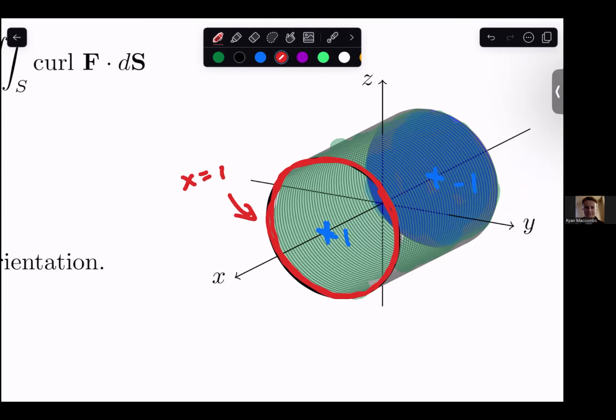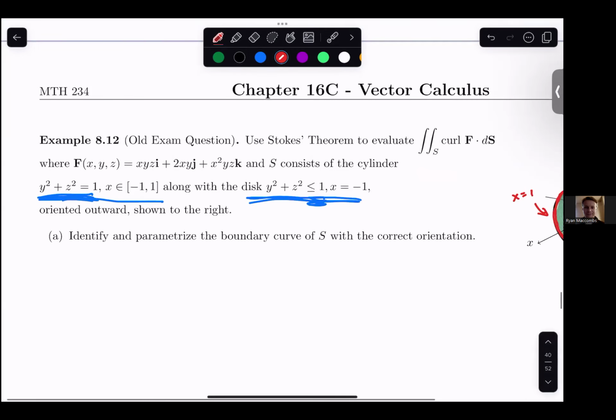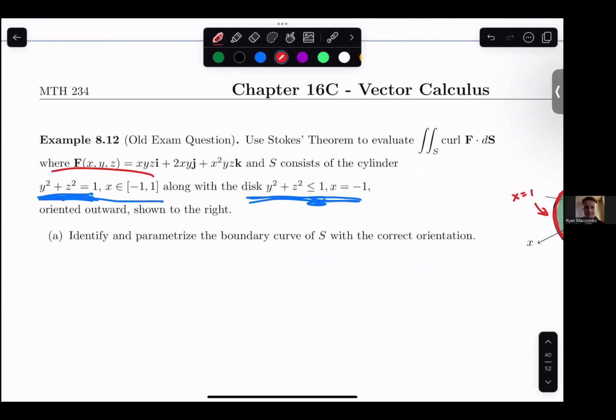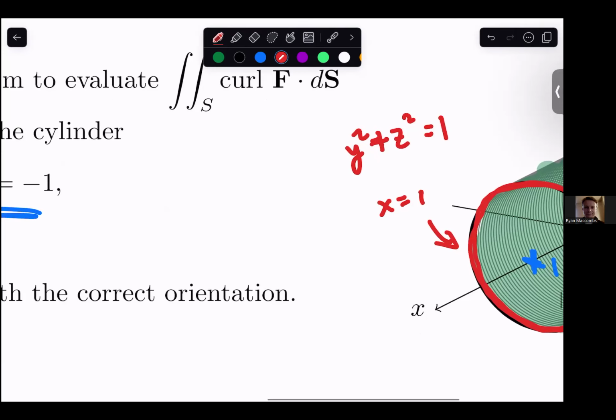So this has something to do with x is equal to 1. And notice that we're going to be on the boundary of this green piece, this bit here. So y squared plus z squared equals 1, and again, we're going to be where x is equal to 1. That's where we're going to have our boundary.